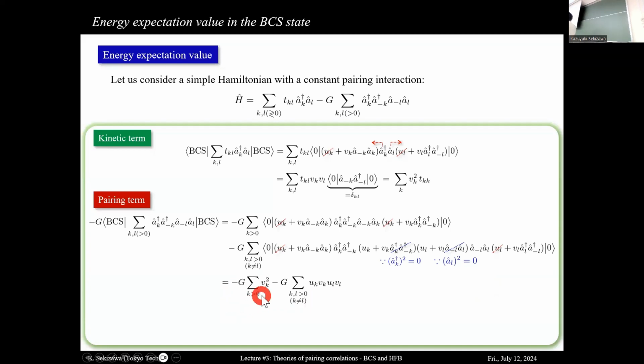So it contains vk square and uv terms. And now, here I rewrite this second term slightly, using an equality.